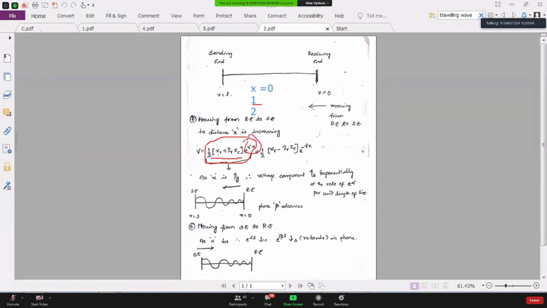When this term increases, this component increases. Still you increase x, again this factor will increase, so your voltage phasor will increase. So as we move from the receiving end to the sending end, as x is increasing, the first term of your voltage component is increasing.